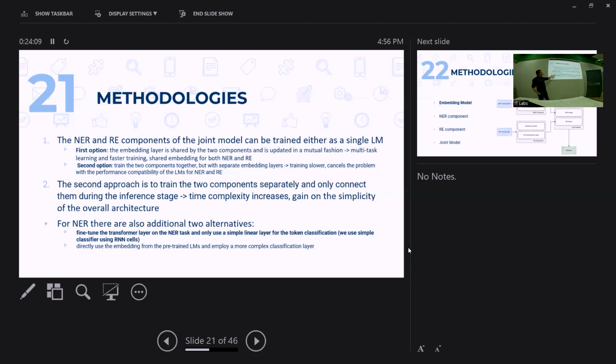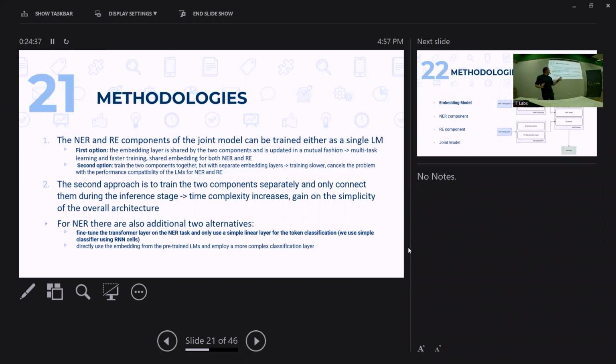For the NER task, there are also two additional alternatives. The first is we can fine-tune the transformer layer on the NER task and only use a simple linear model for the token classification. Or we can directly use embeddings from the pre-trained language model and deploy a more complex classification layer.